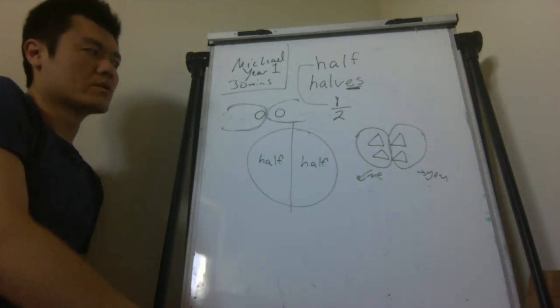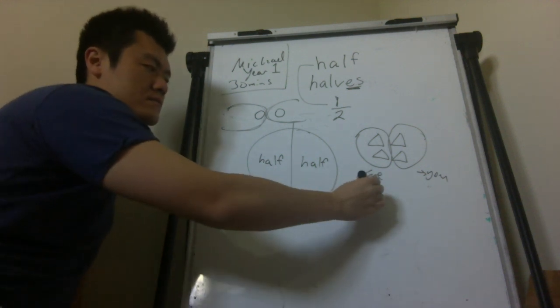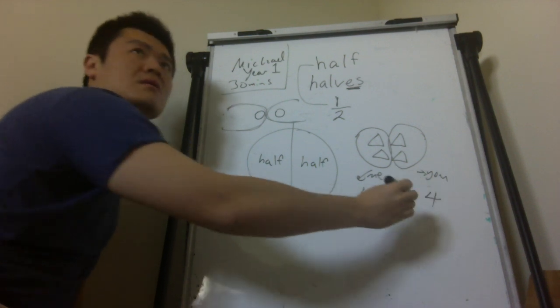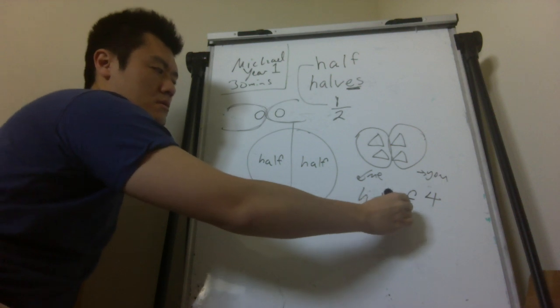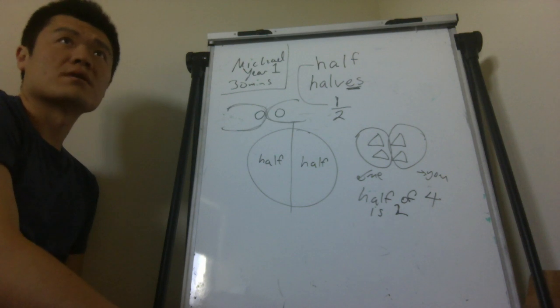So what we've discovered is half of 4 is 2. So 2 twos make 4, right?